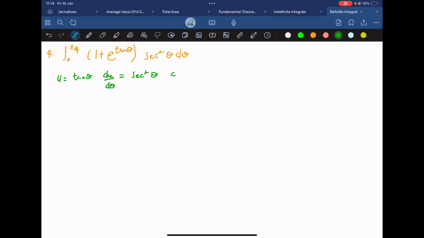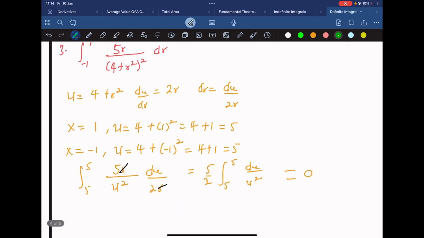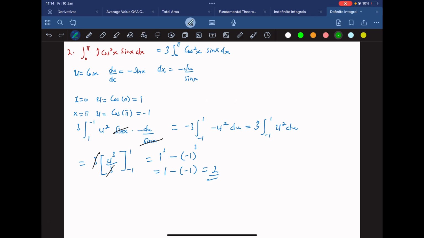So in that case, d theta is just du over secant squared theta, and we change our bounds. So now when theta is equal to pi over 4, we have u equal to tan of pi over 4, and remember we've done that already over here.